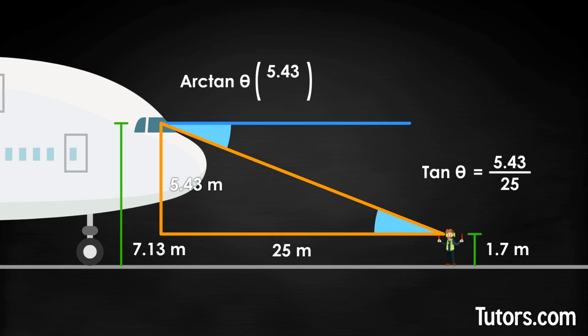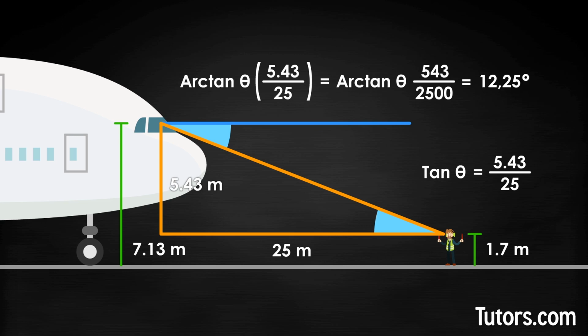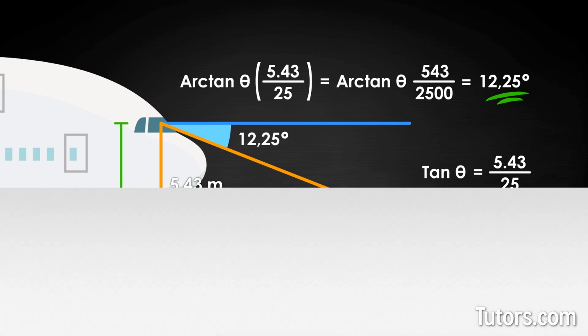Arctangent, 5.43 divided by 25 equals arctangent 543 divided by 2,500, which equals 12.25 degrees. The pilot is having to look down only 12.25 degrees below horizontal, and the ground crew member is looking up only 12.25 degrees above horizontal to see each other.